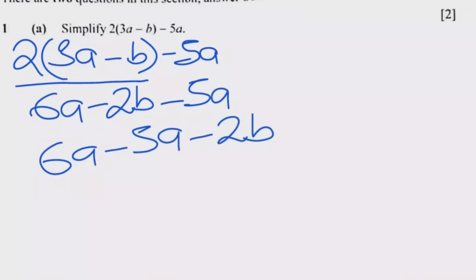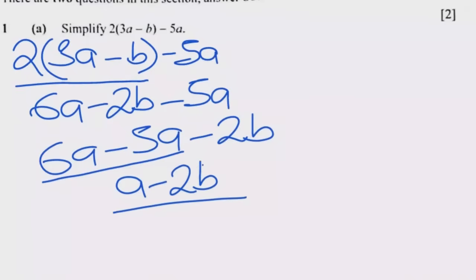Then what do we do now? What we do next is we evaluate 6a minus 5a, which gives us a. Then since b has no other term like negative 2b, we can just write minus 2b.